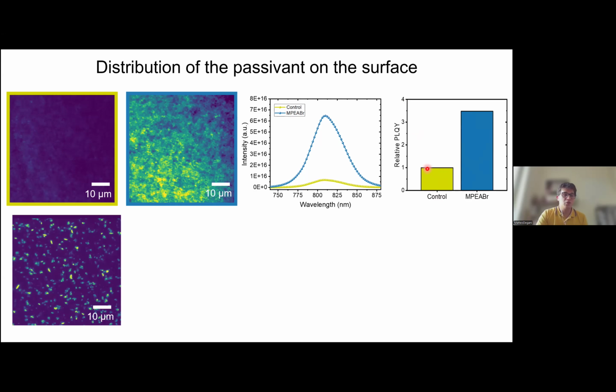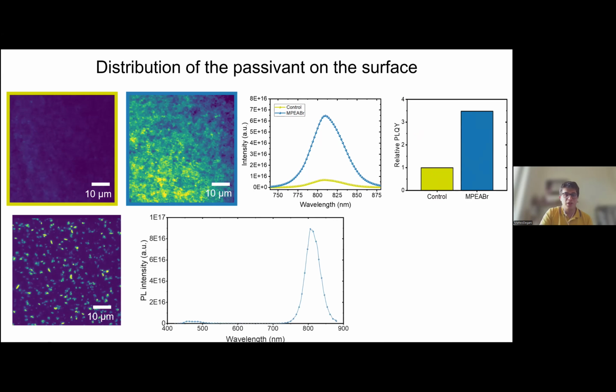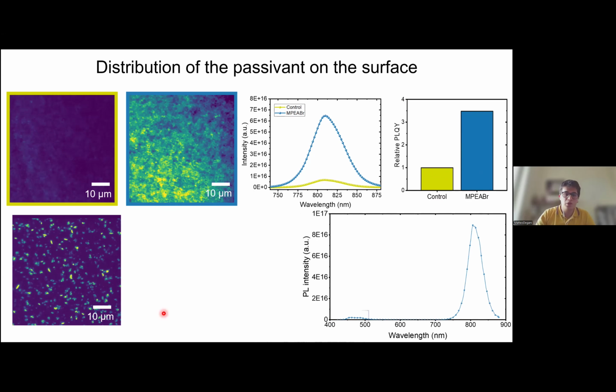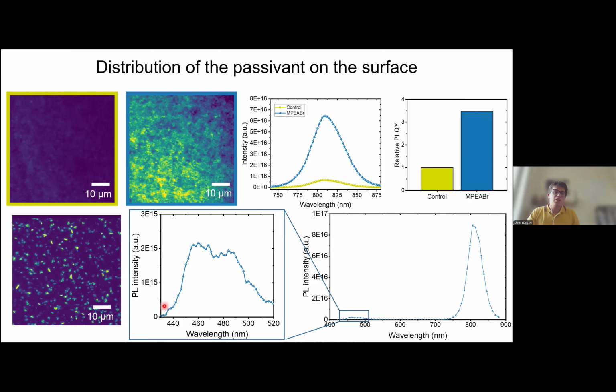Looking at the short wavelength, what we observe is that basically there are only some random spots located along all the surface, and from the spectra, performing a magnification, we can observe that this is an emission that can be ascribed to 2 Gaussian peaks.